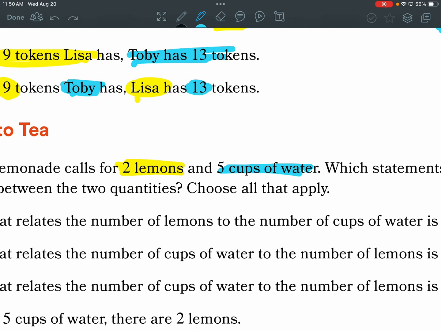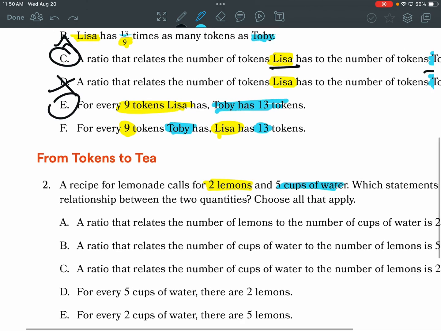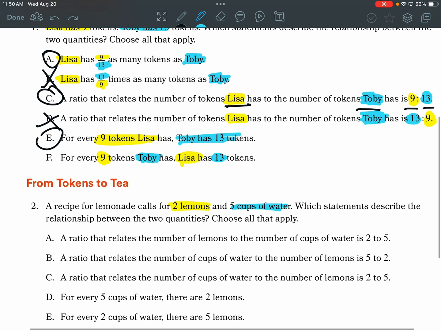Do we use different markers, highlighters, or is it fine? Whatever. You just need 2 different colors. It doesn't matter. Okay. 2 lemons, 5 waters.